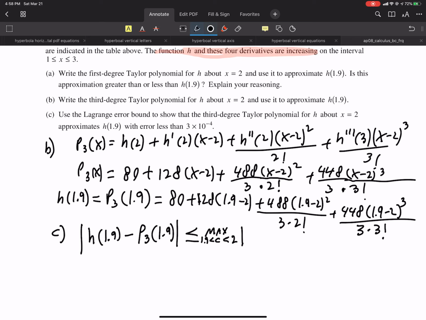It's the absolute value of the fourth derivative times the absolute value of 1.9 minus 2, to the 4th power, all over 4 factorial.